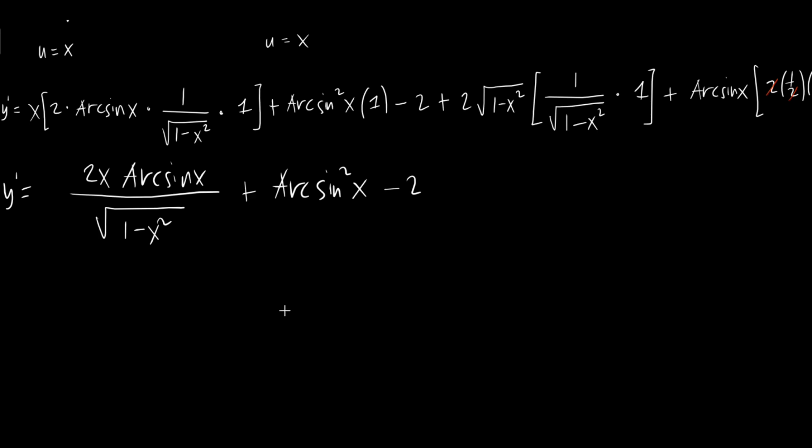For the third term, we will cancel the square root of 1 minus x squared, so we have plus 2.